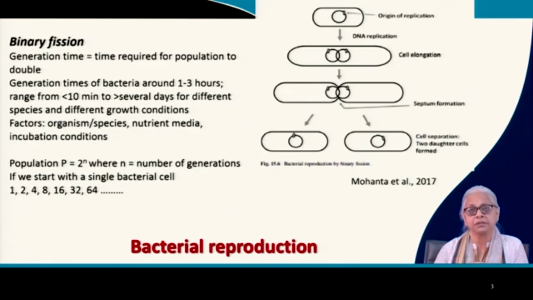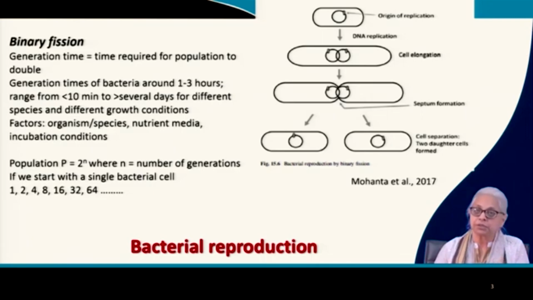So what are the factors that affect the reproduction of bacterial species? The first thing is the species itself. Not all species, not all organisms will grow at the same rate. So different species, different organisms have different growth rates. So it's species specific growth rates. That's the first thing. Second thing is the nature of the nutrient media. If you provide it rich media, rich meaning high in nutrient concentration, then obviously they're going to reproduce faster.